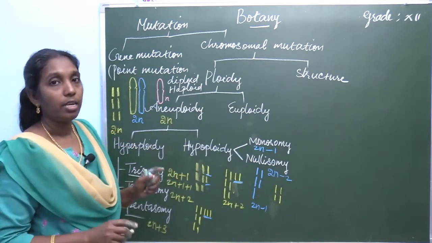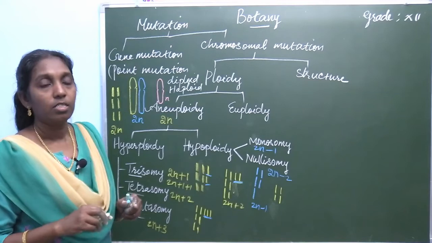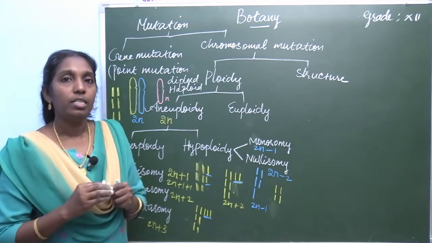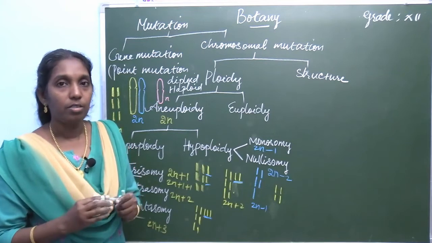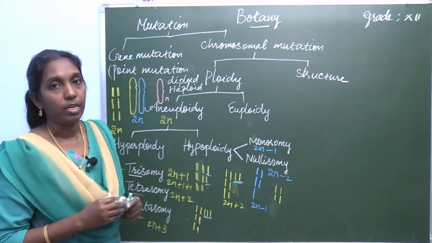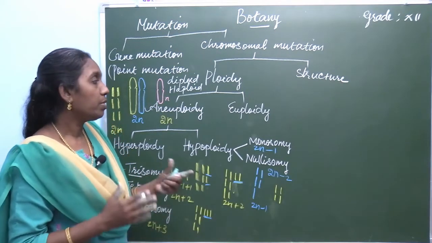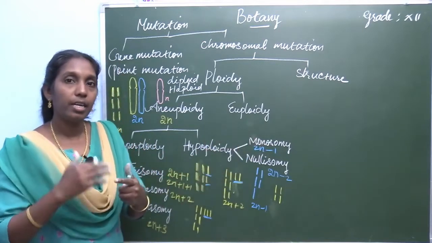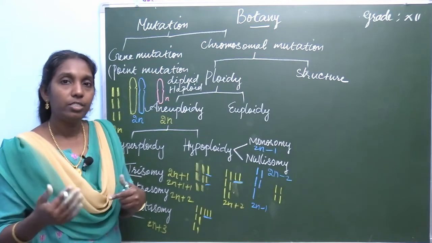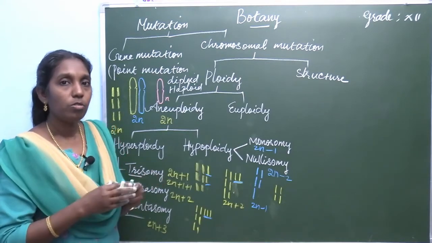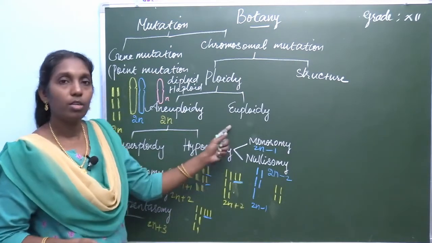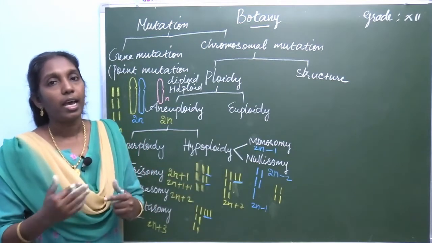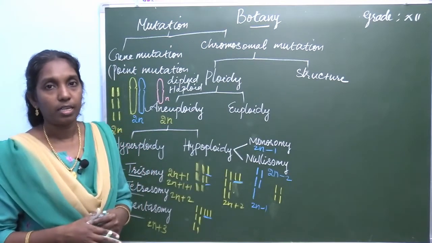Another condition is monoploid, which occurs when the organism is under polyploidy. Poly means many. Under euploidy, within the entire set of chromosomes, either addition or deletion occurs, and the chromosomes are altered.